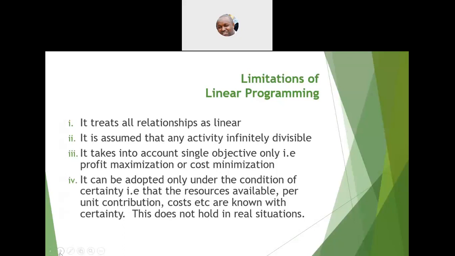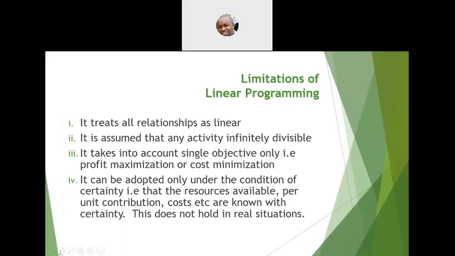The assumption that we can divide activities is also a limitation because, for instance, we cannot have a fraction of a share. Now, unfortunately for linear programming, we can only look at one objective or one goal at a time. Either we look at profit maximization or cost minimization, but not both.